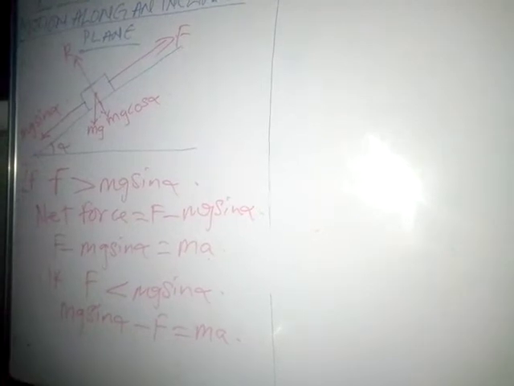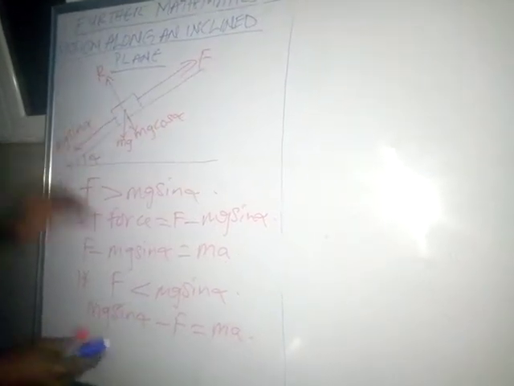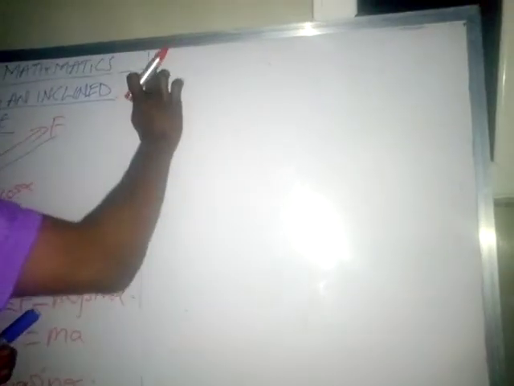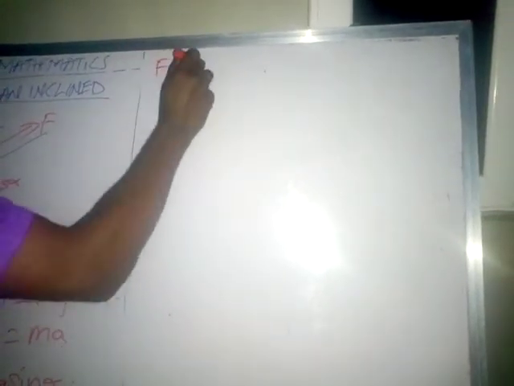There are situations where the body is at equilibrium, that is, it is neither going up nor down, which means the body is not in motion. So our net force, F minus mg sine alpha, will be equal to 0, because the body is not in motion.